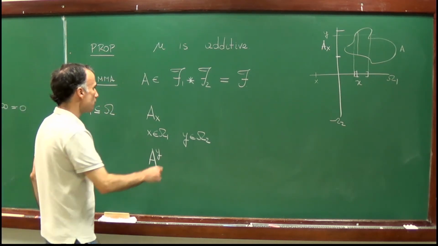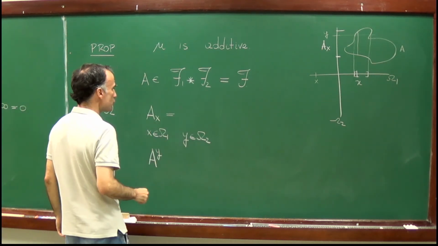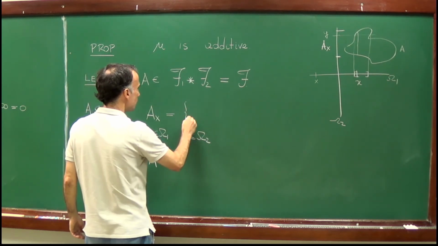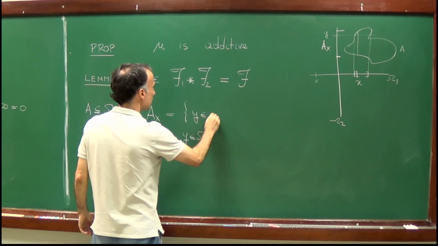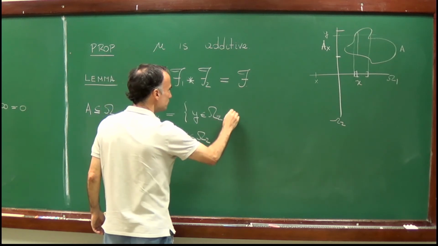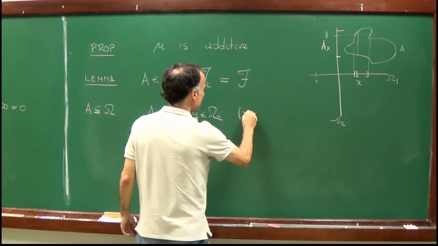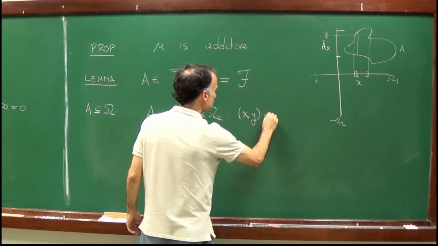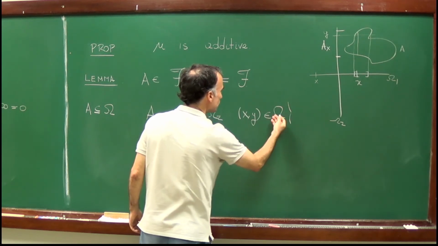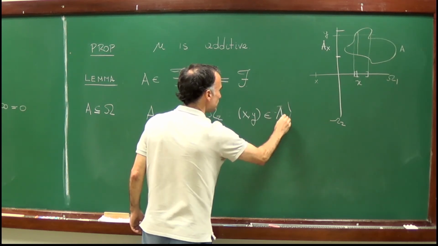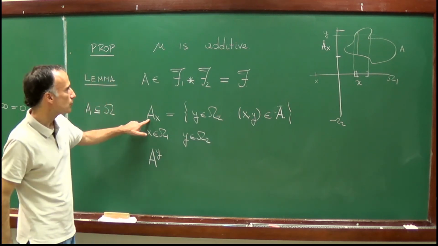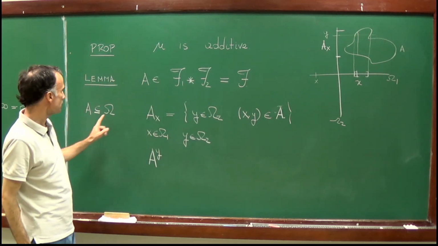So now let's write what I just said. Ax will be all points y in omega 2 such that xy belongs to A, which is fixed.